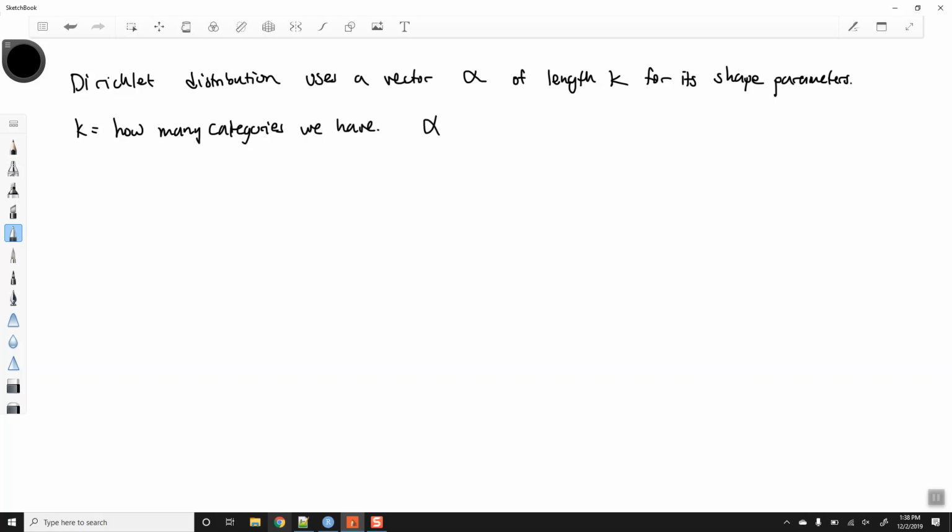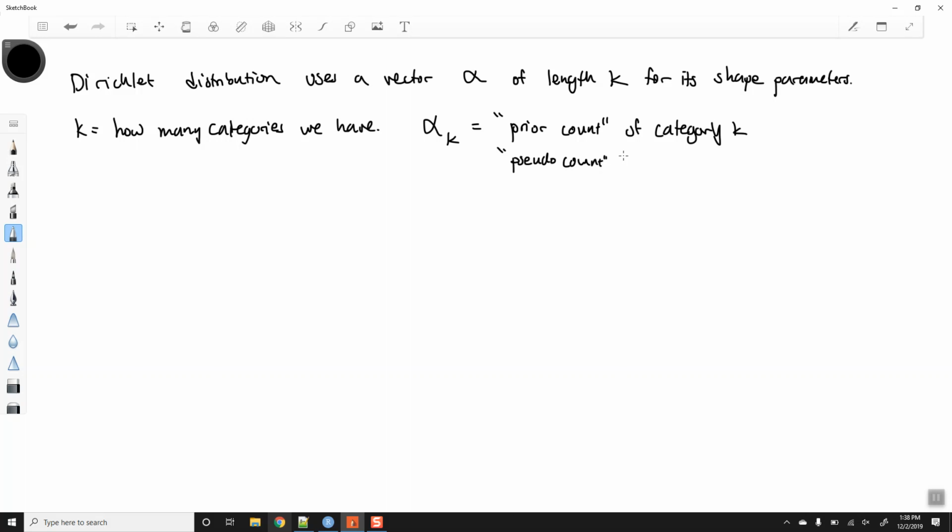Then alpha sub k is going to be the quote-unquote prior count of category k. Sometimes we might call this a pseudo count.